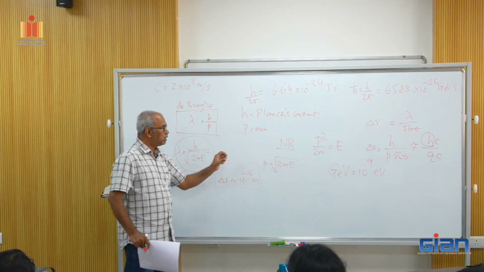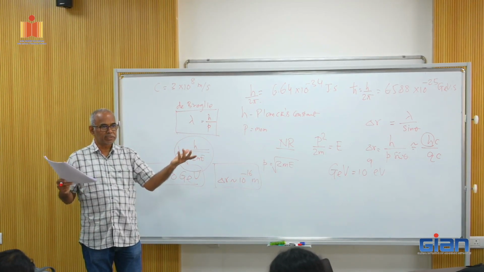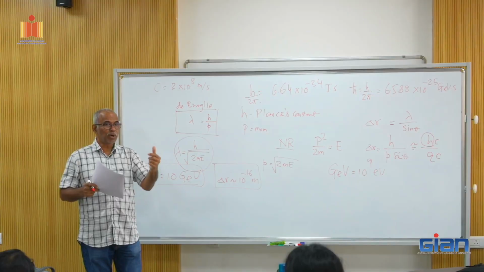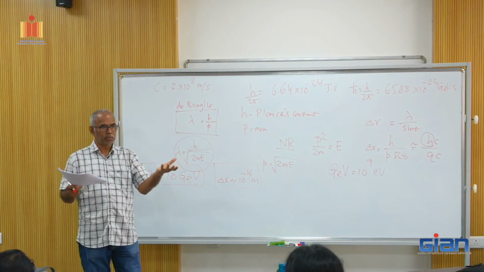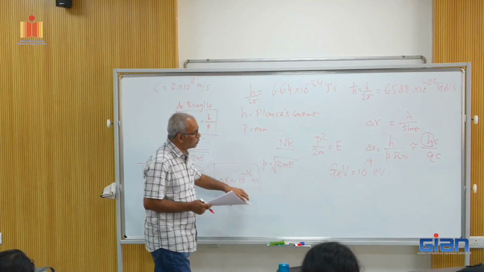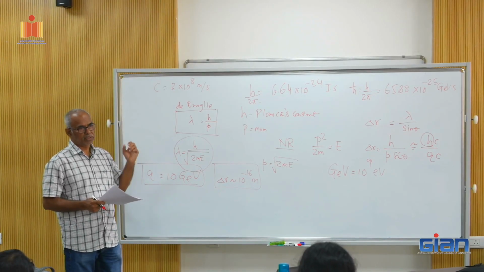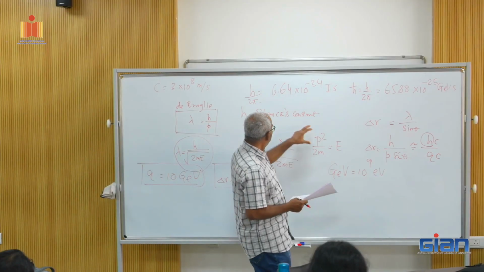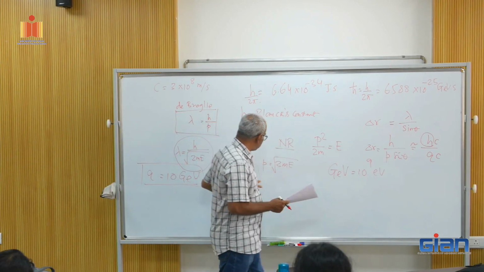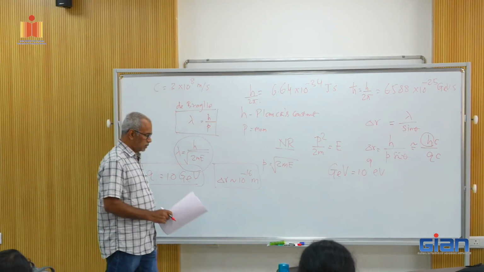That means you can decipher objects with a distance difference of roughly 10 to the power minus 19 or minus 20 meter, which is a very small number in comparison to, you know, the familiar word called nanometer, which is 10 to the power minus 9. So with the help of high energy probes, we can actually distinguish objects to very small distances. So the resolution power is great, and it all started from this equation. We can actually use our high energy beam to distinguish objects to very small distances.